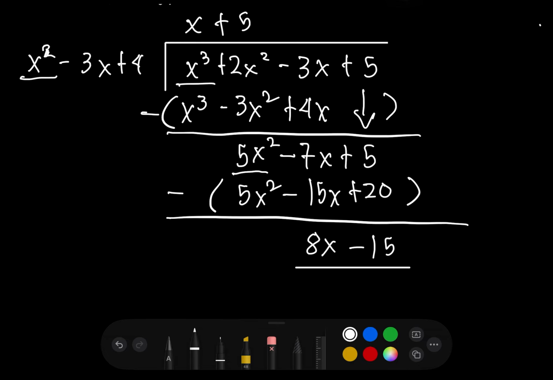Therefore, in this case, focus lang tayo dun sa sagot without the remainder. Okay? Again, paano siya naging remainder? We cannot divide anymore x squared from 8x. That is why the oblique asymptote is y is equal to x plus 5.